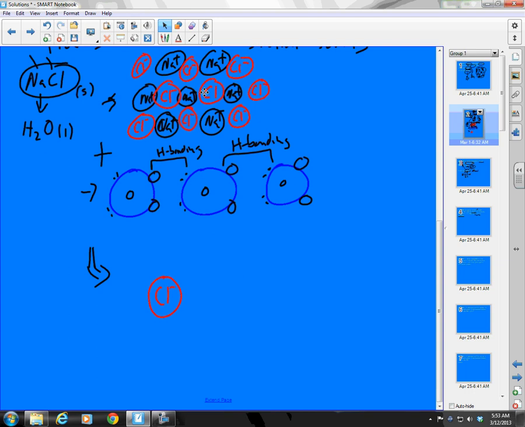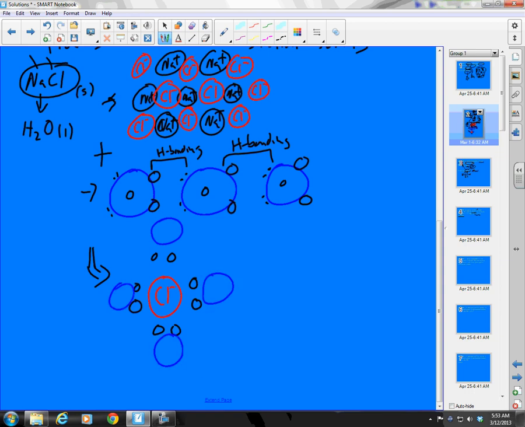Well, chloride is a negative, so that means my hydrogen side of my water is going to be attracted to my chlorides. And that would mean then I'll have my oxygen side like this, and I have my unshared pairs. Looks like Mickey Mouse, doesn't it?